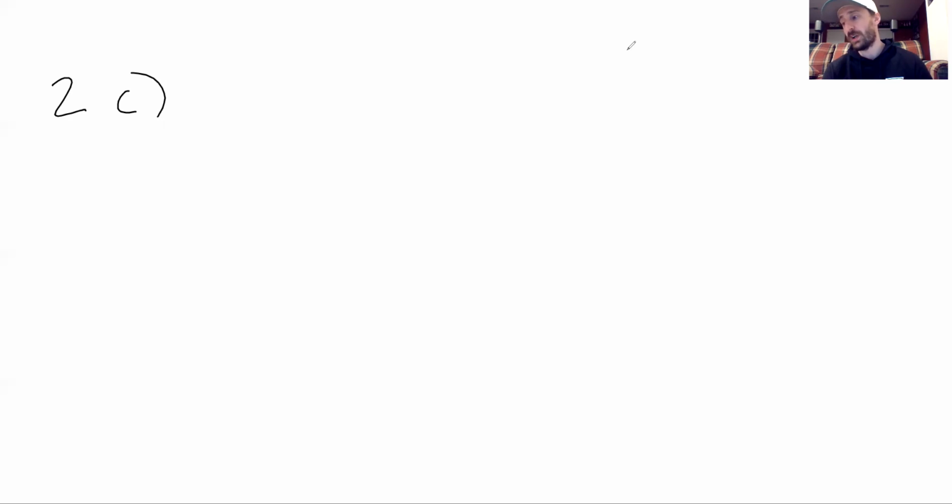Do not add anything to the figure in Part B. So once you answer the question, don't touch it. Use a different space to do your work. So all this work I'm going to do right now is away from that drawing on the dots because you don't want them to confuse work for Part C with your answer for Part B. All right? So let's draw it real quick.